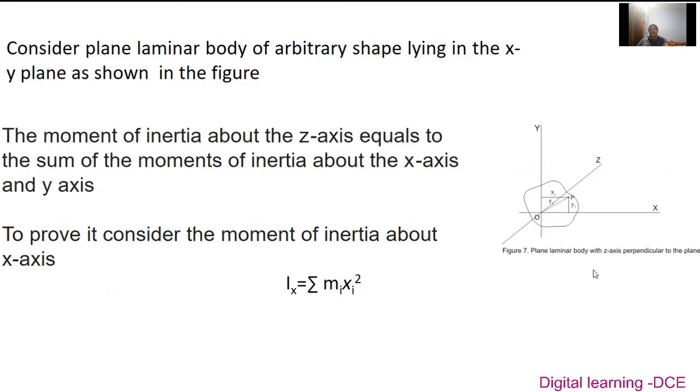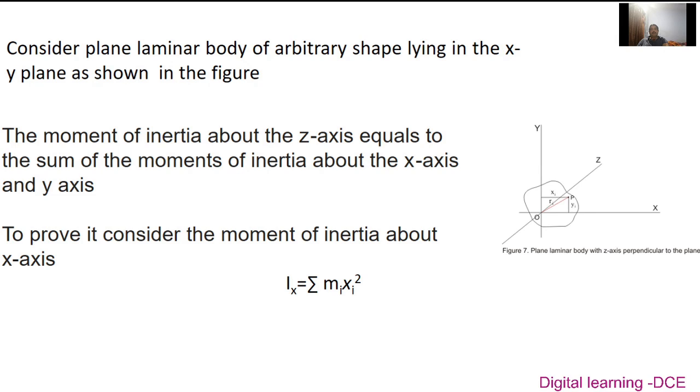So consider a plane laminar body of arbitrary shape lying in the x and y plane as shown in the figure. The moment of inertia about the z-axis is equal to the sum of the moments of inertia about the x and y axes.